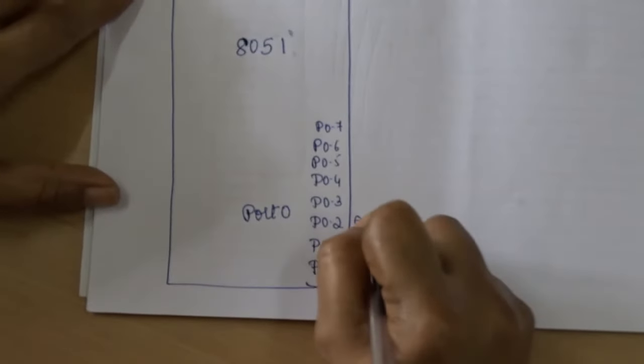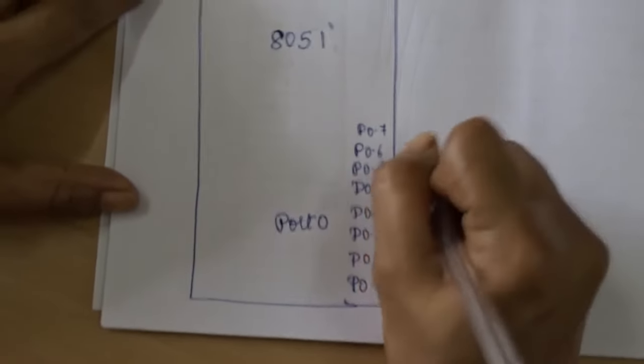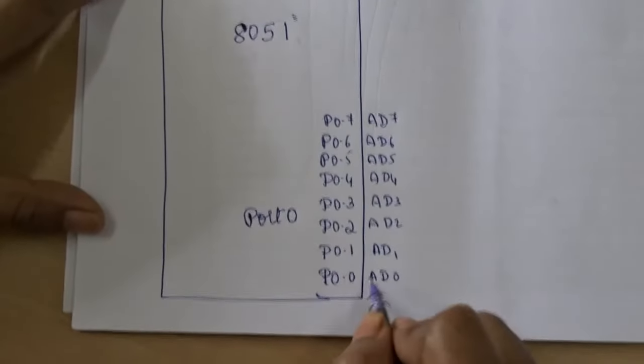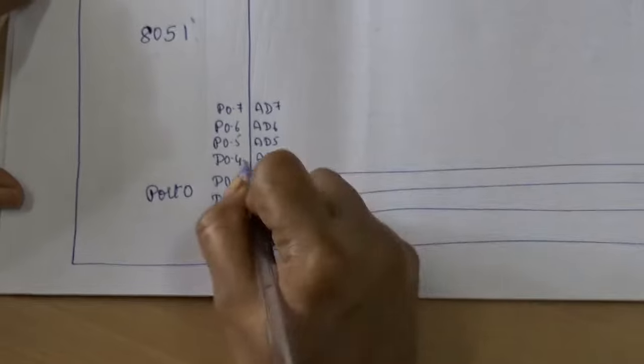So that is AD0, AD1, AD2, AD3, AD4, AD5, AD6, AD7. That is, the lower order address as well as the data lines are multiplexed. Draw horizontal lines. These lines carry addresses as well as the data.